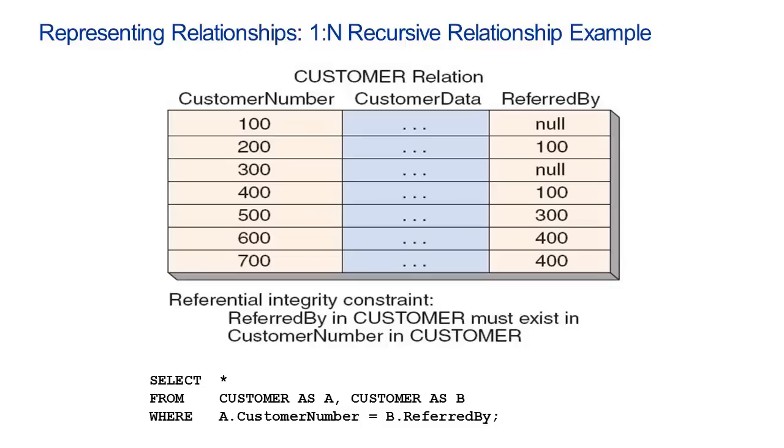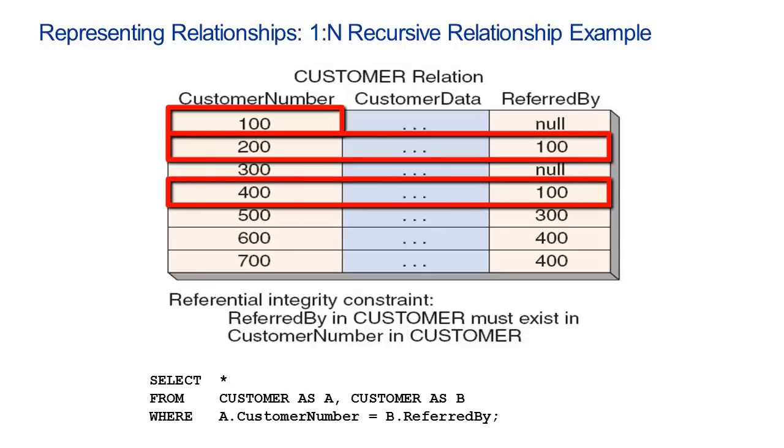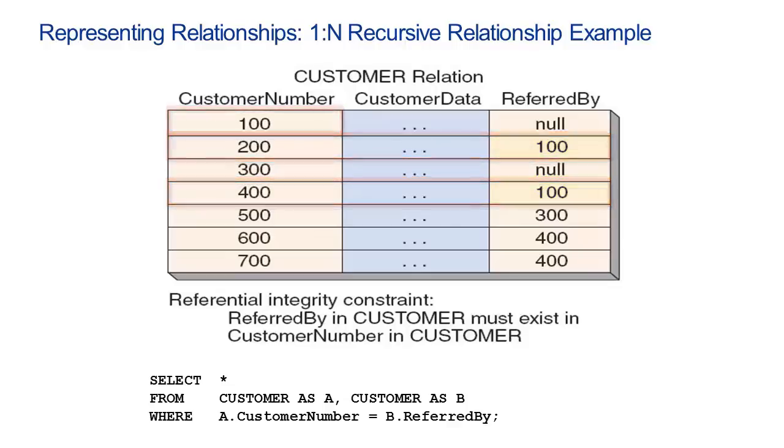So we might, for example, want to know which customers were referred by customer number 100. And in this example, we would see that customer number 200 and customer number 400 were referred by customer number 100.